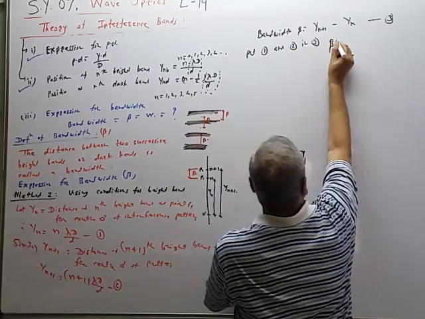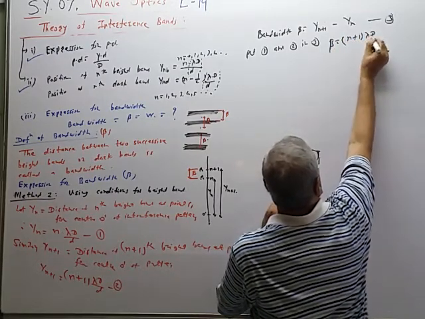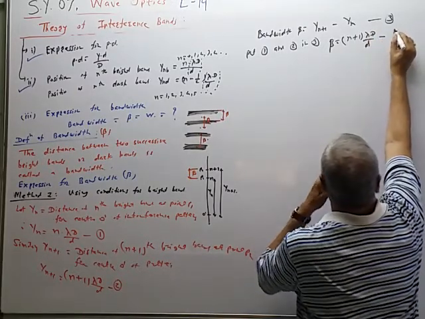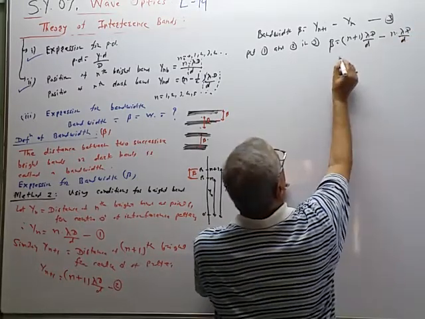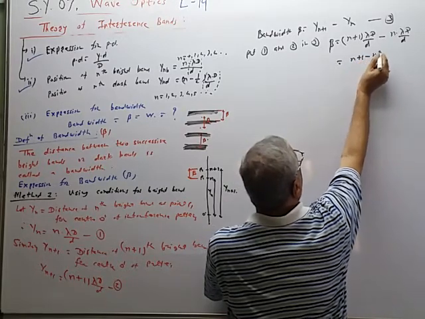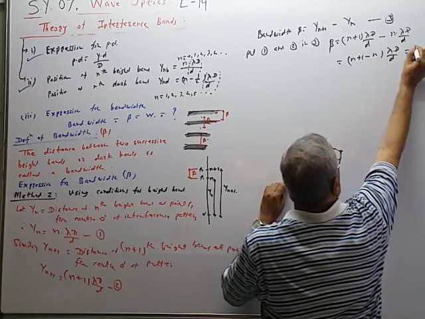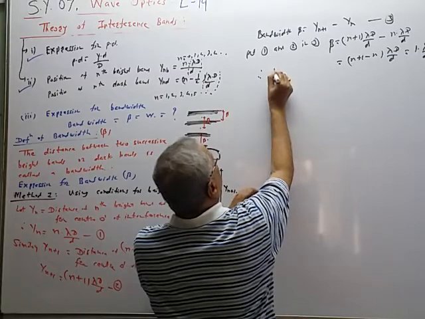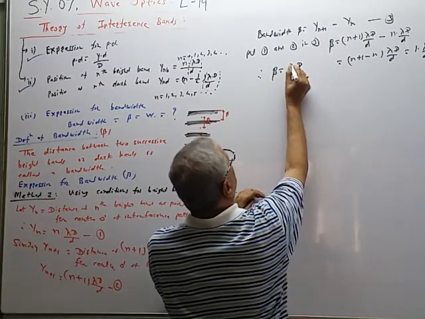So we get bandwidth beta is equal to n plus 1 into lambda capital D upon small d minus n into lambda into capital D upon small d, and therefore this is equal to n plus 1 minus n, bracket complete, lambda capital D upon small d common, and that is equal to 1 into lambda capital D upon small d. And therefore beta is equal to lambda capital D upon small d.